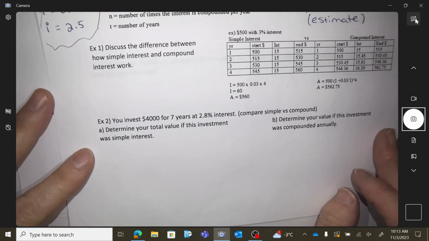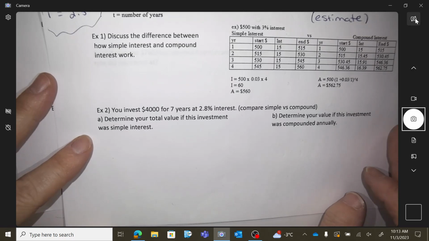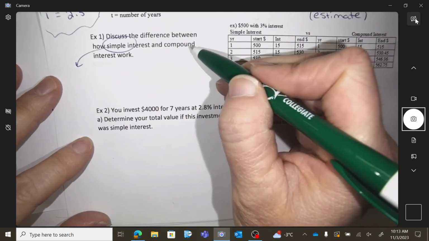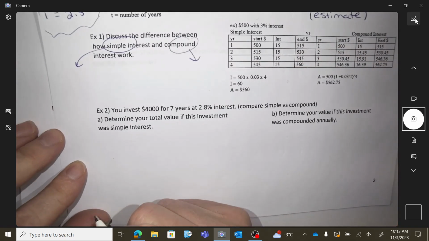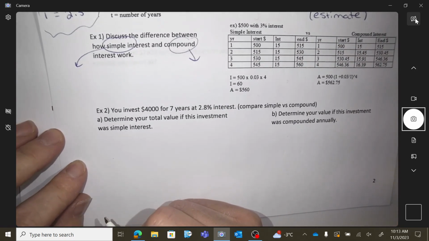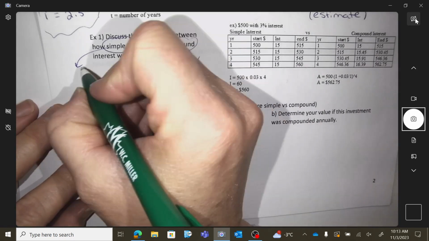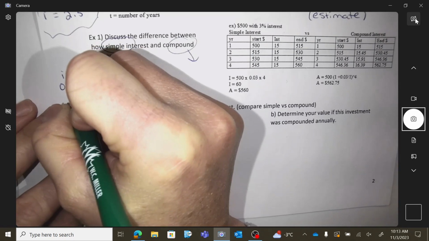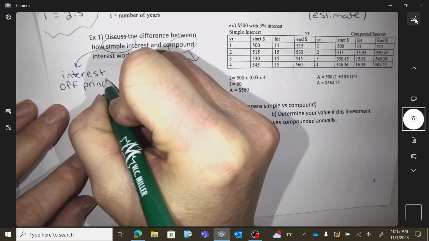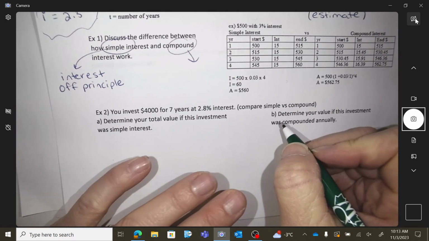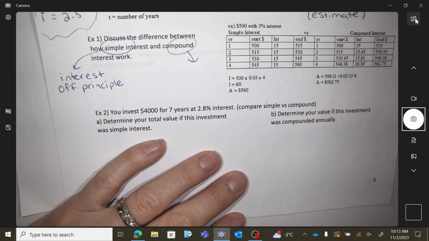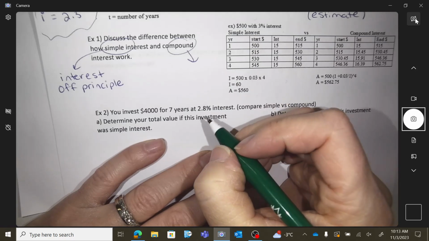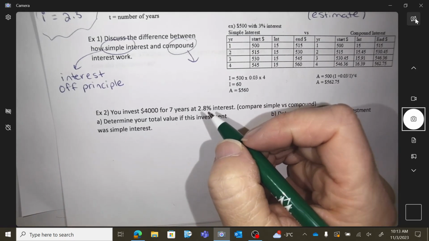Okay, so if I asked you to explain a little bit about simple versus compound, what can we say? What do you want to say is the difference? Simple is your interest off of principal, kind of like a one-time.